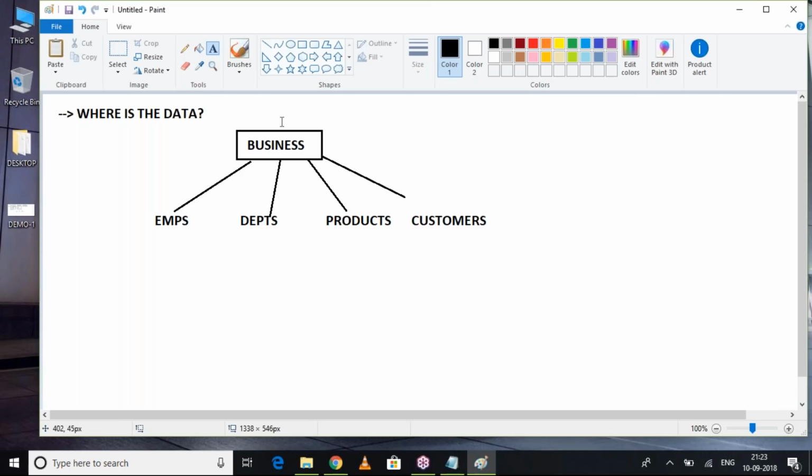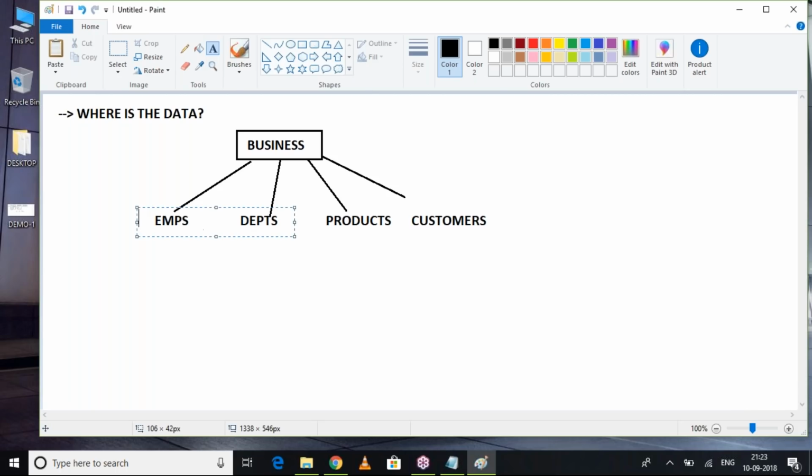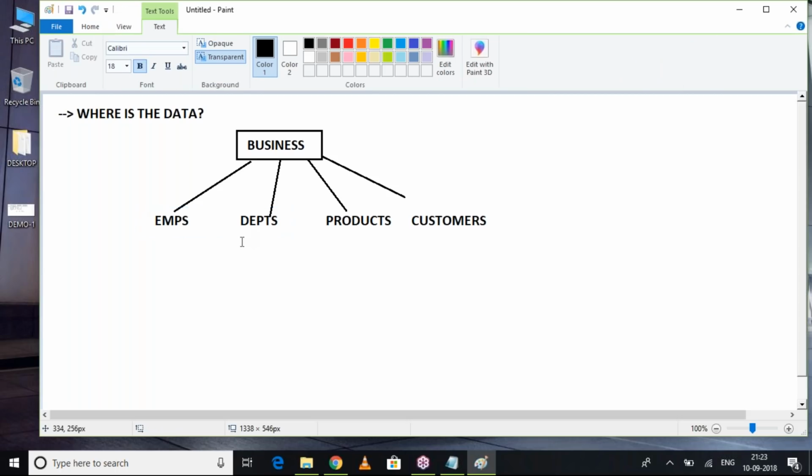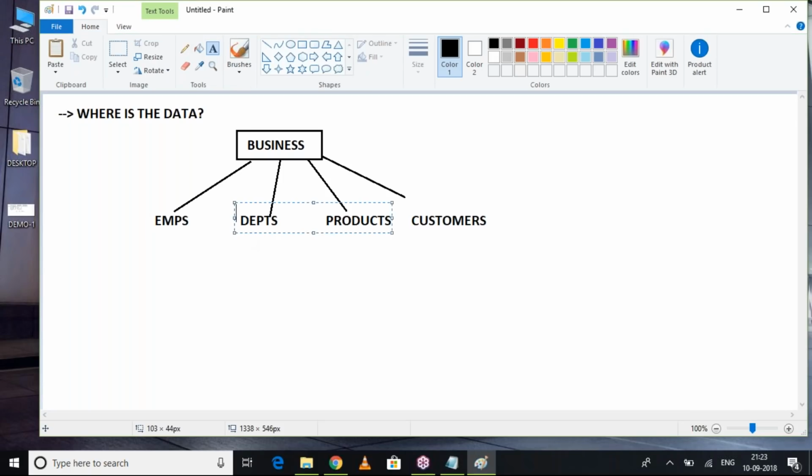Okay. So what is a business? Business is a collection of objects. How to define a business? Business is a collection of objects and activities. What are the objects to start a business? To start a business, we need employees. Employees are organized into departments.